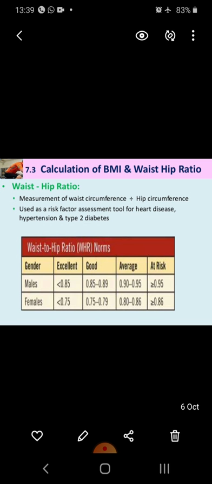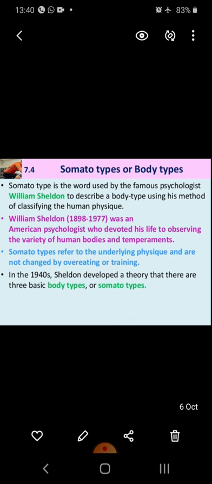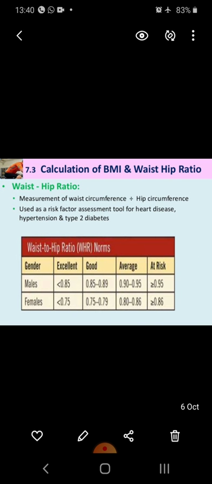Likewise in females, up to 0.75 is excellent, 0.75 to 0.79 is good, 0.80 to 0.86 is average, and more than 0.86 is at risk. So this is all about waist hip ratio.